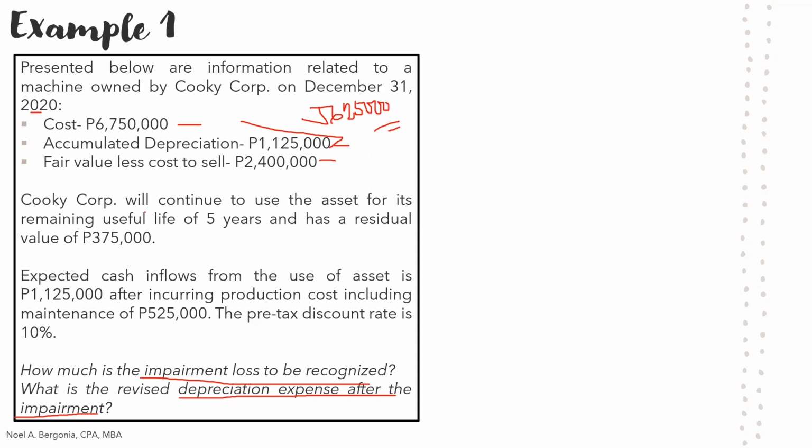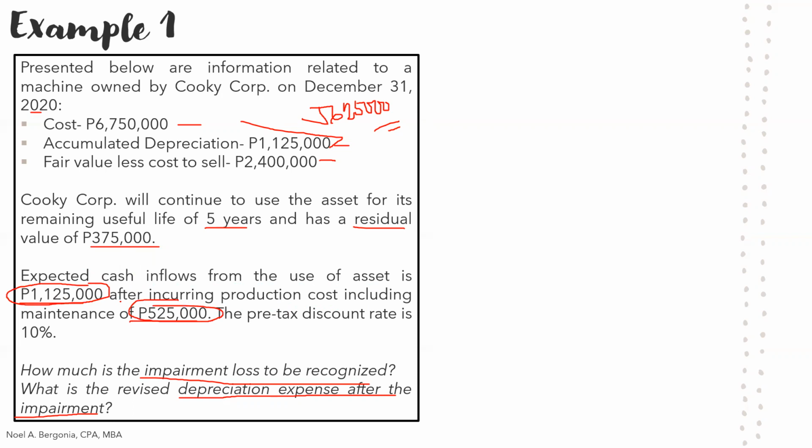Then sabi po dito, Cookie will continue to use the asset for its remaining useful life of 5 years and having a residual amount of 375,000. The expected cash inflows from the use of this asset is 1,125,000 after incurring production costs, including maintenance, of 525,000. So ito yung inflow, then ito yung relative outflow.